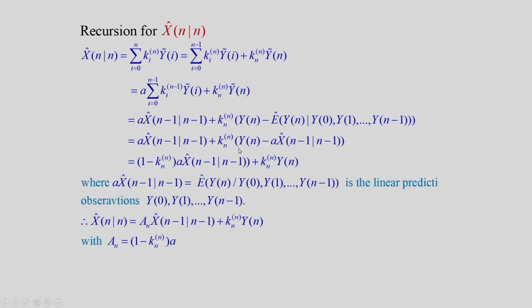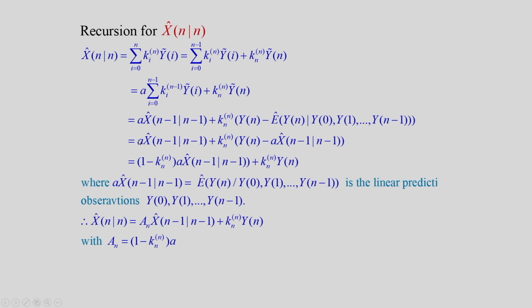So, that way x̂(n|n), the estimator at instant n, is equal to a times the estimator at instant n-1 plus k_n(n) times (y(n) minus a x̂(n-1|n-1)).